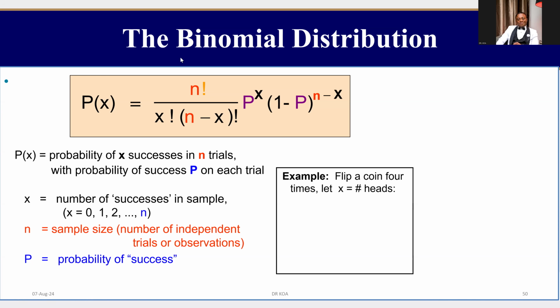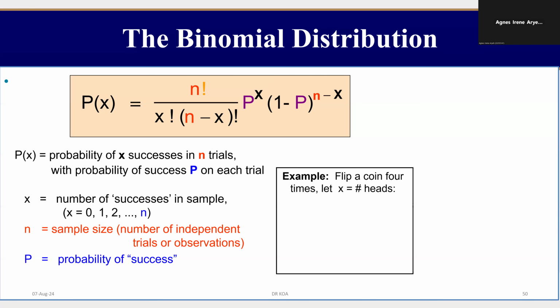Please have a book with you. Yes, Agnes. There are 2 outcomes in the event, either head or tail. Exactly. That's a clear indication that it's binomial.